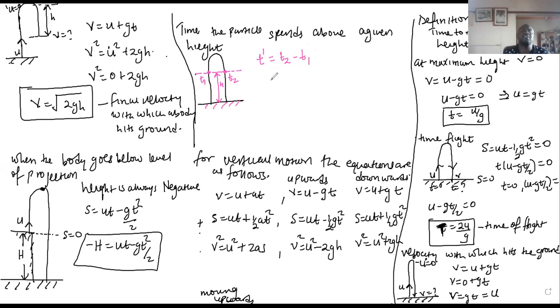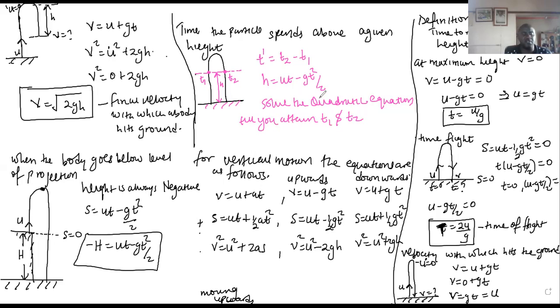So in solving for this time, you substitute in h = ut - gt²/2. Then you solve the quadratic equation until you attain t1 and t2, then you subtract.